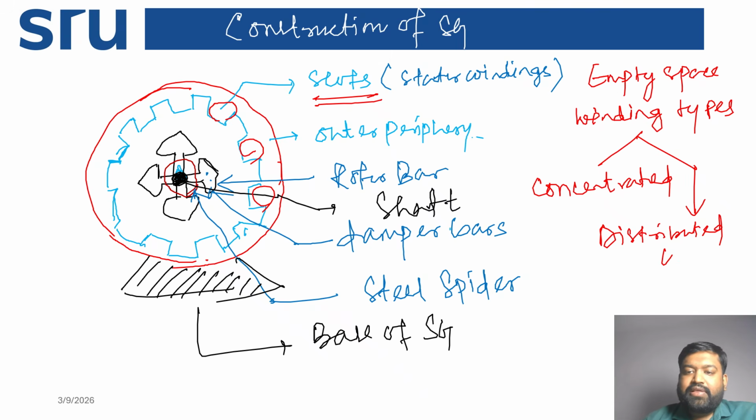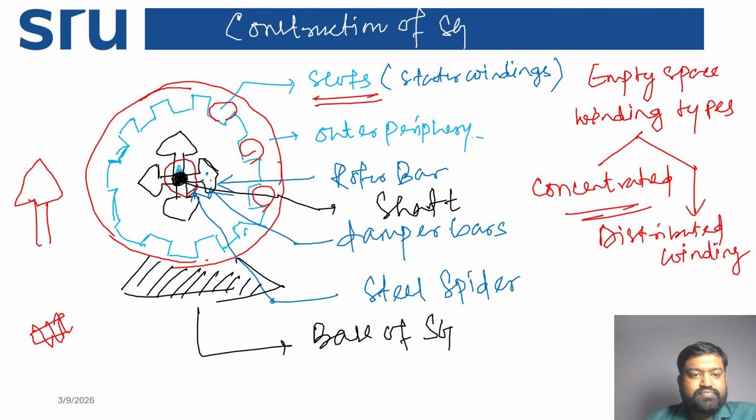Distributed winding, keep that in mind. And what will happen in concentrated winding? Suppose this is the metal bar, and across this the coil will be wound like this. You see, this is the rotor bar, and this metal bar. If the coils are present like this, then we can say this is the concentrated winding.